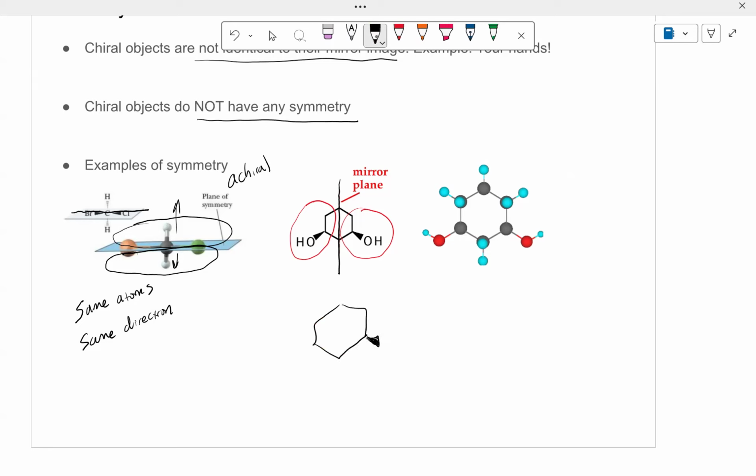I'm going to make this a methyl group, and I'll keep this an OH. Now if I cut this compound down the middle in the same spot, there is no longer any symmetry because this is different. Those are different atoms than this. And so this would be a chiral object. This would be an achiral object.